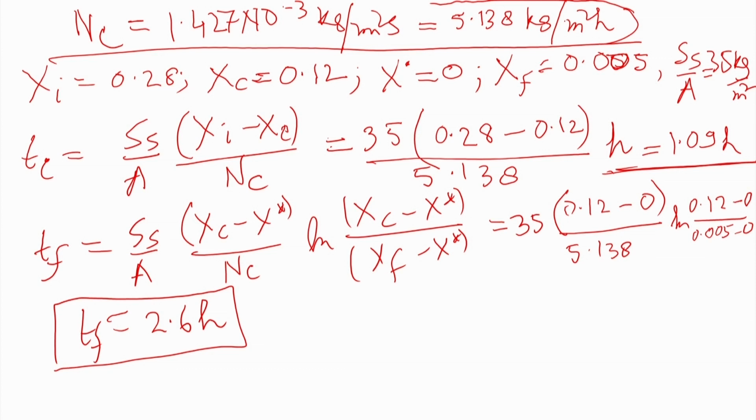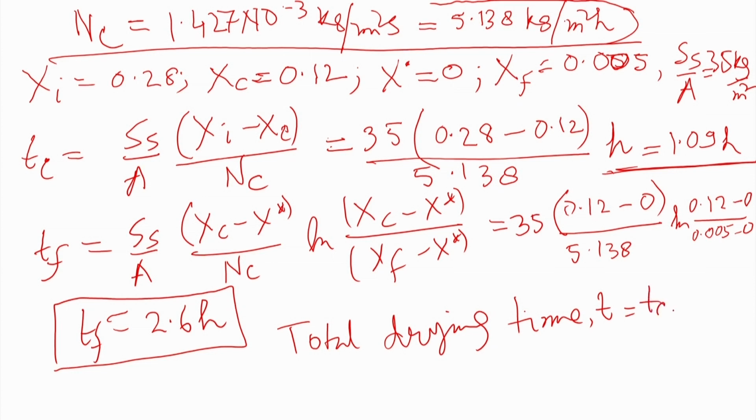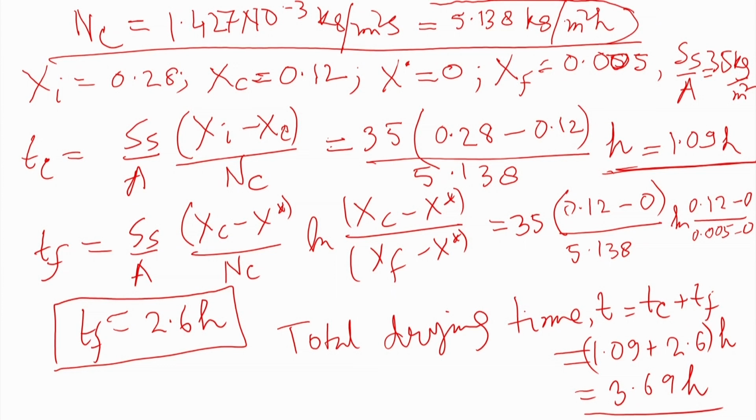So, total drying time, we can say T is equal to Tc plus Tf, that is equal to 1.09 plus 2.6 hour, that is nothing but 3.69 hour. So, here you see the time required in the falling rate period is more than 2 times that of the constant drying period.